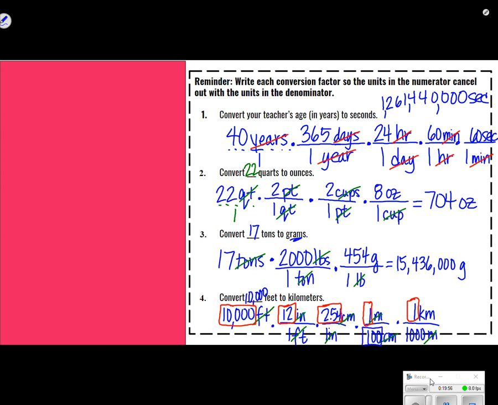Divide by 100, and usually I hit enter after that, and then divide that answer by 1,000. So the rest of this is just getting it in the calculator in a way that we're going to get the correct answer. So 10,000 times 12 times 2.54. I'm going to divide that by 100, hit enter, and then divide that by 1,000 and hit enter. And I get 3.048 kilometers.